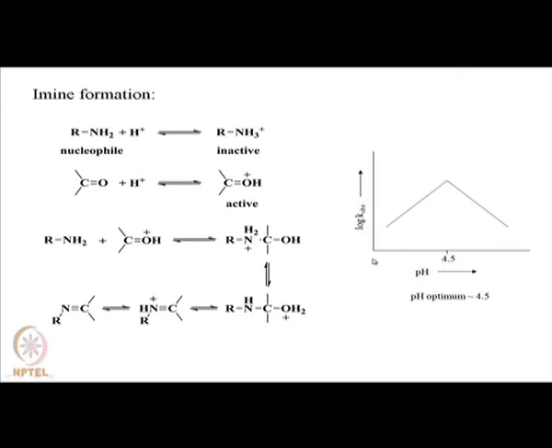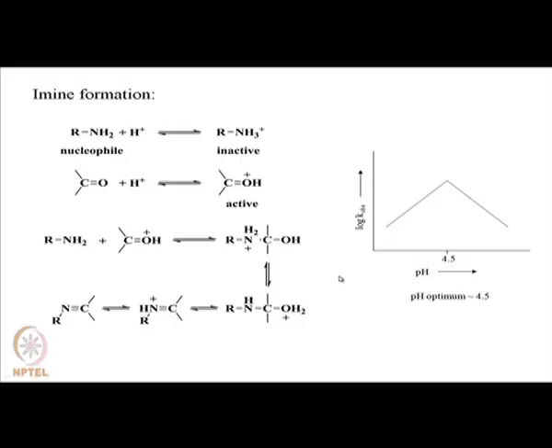So this is another example of acid catalysis and the effect of pH. From these three examples, we can say that reactions which are catalyzed by acid, H plus, may have a strong dependence on pH.